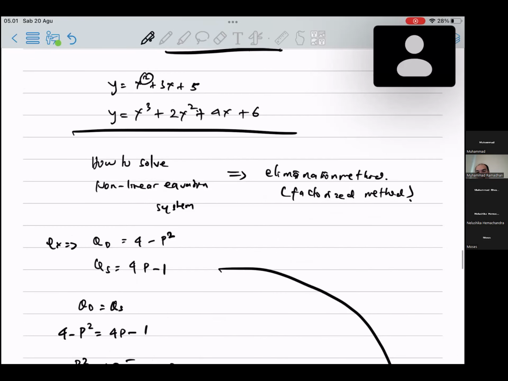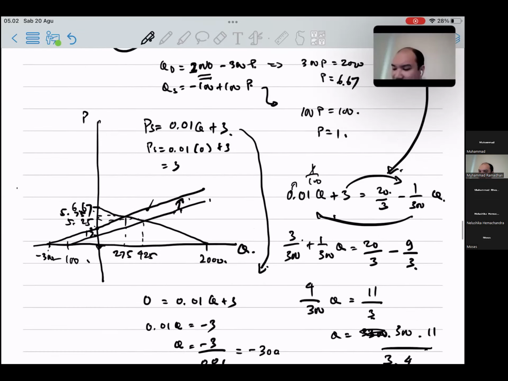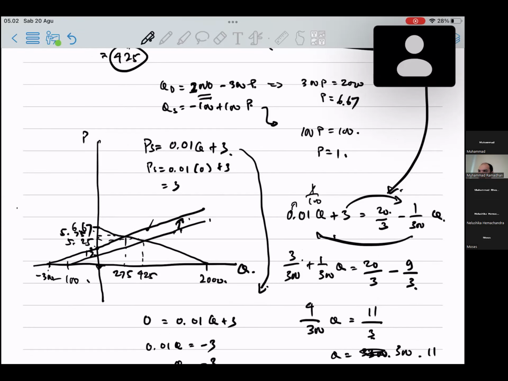Do you have any option to show how to calculate slope from the graph? Suppose we have a graph, and we want to calculate the slope from the graph.